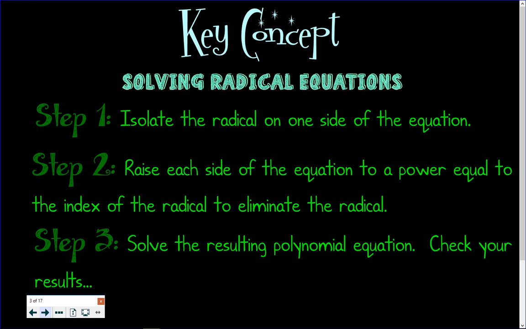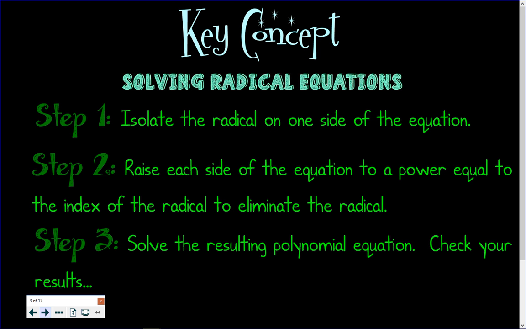All right, find that slide right there. It should be the first slide. This is the steps that you want to follow when you're solving these. First thing is you want to isolate the radical on one side of the equation. So if you got stuff next to it, you'll have to move it. I'll show you how to do that. Step 2, raise each side of the equation to the power that's equal to the index of the radical to eliminate the radical.